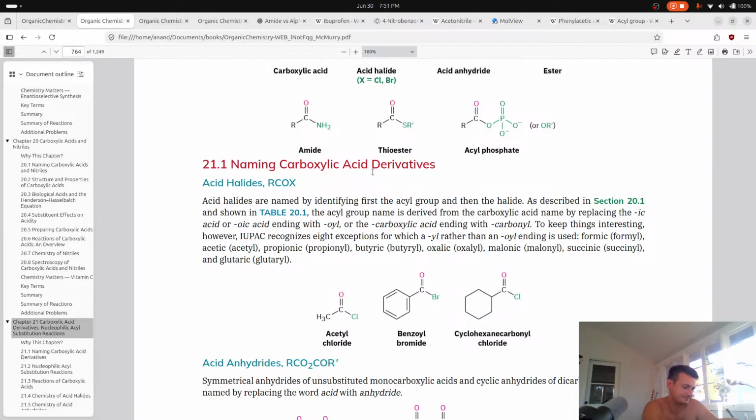Okay, let's write this down. So typically for acid chlorides, acid halides, we locate the acyl group, name it, and replace the -oic acid with -oyl.